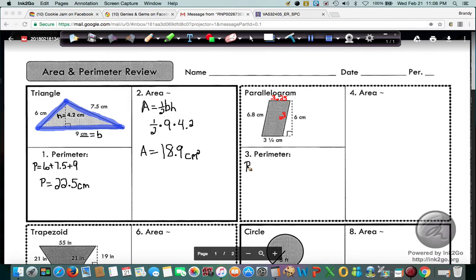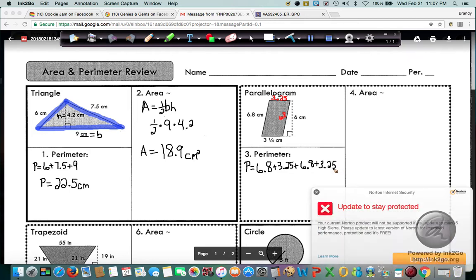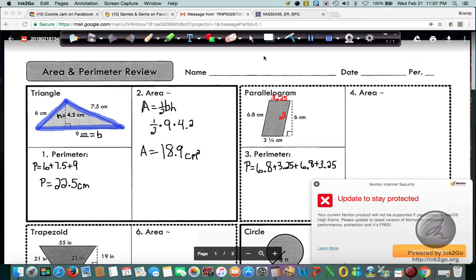So you come down here, perimeter equals, you have 6.8 plus 3.25 plus 6.8 for the other side. So I said 6.8 plus 3.25 plus another 6.8 plus again another 3.25. Okay. Oops, looks like I need to update, don't I?